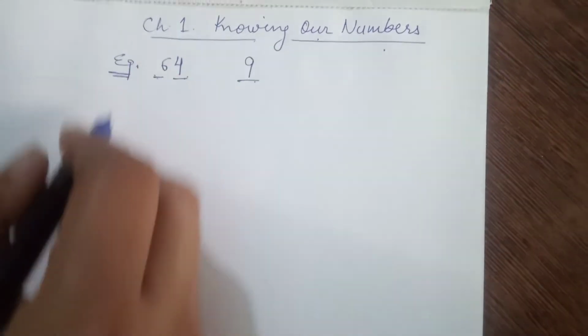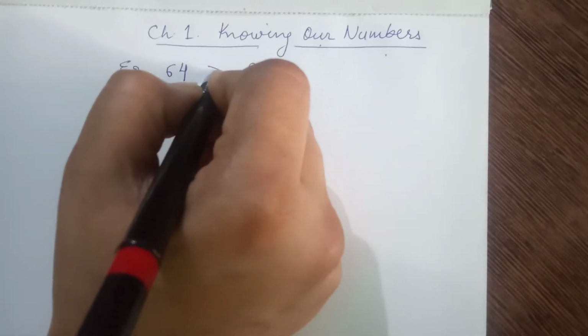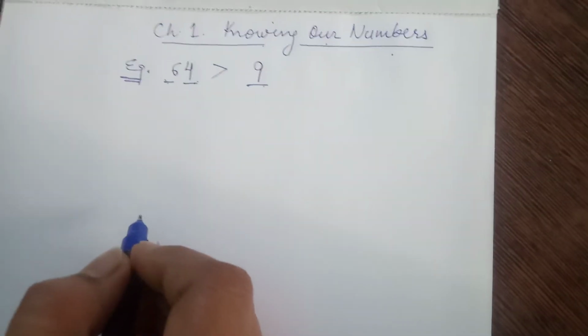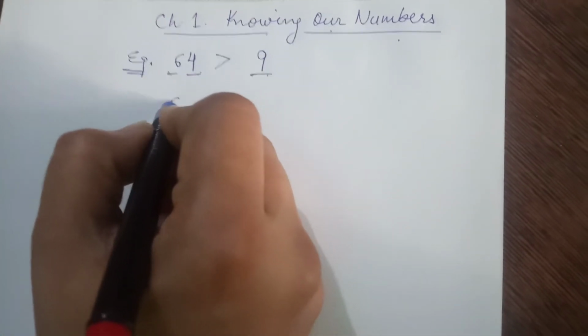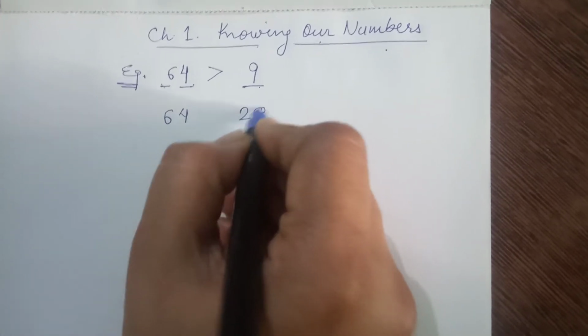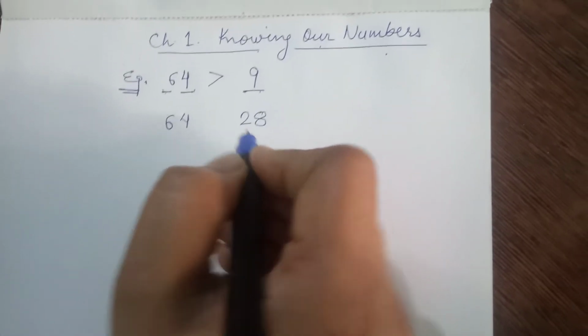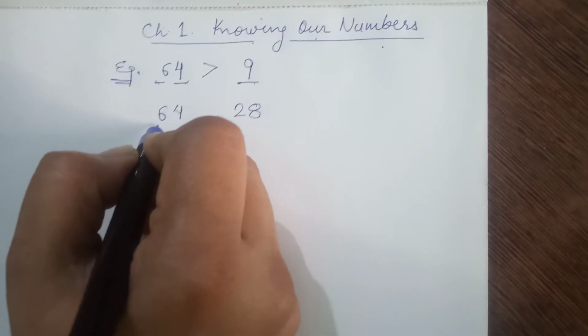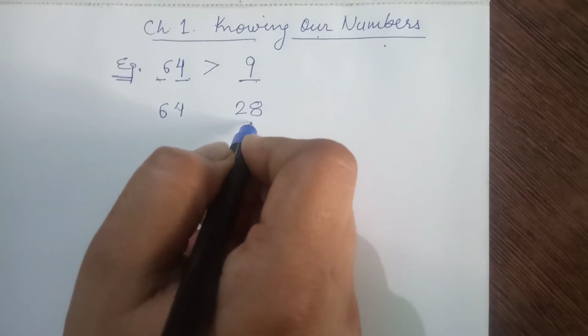So, we can easily say that 64 is greater than 9. Now, taking one more example, say 64 and 28. Now, both 64 and 28 have two digits.